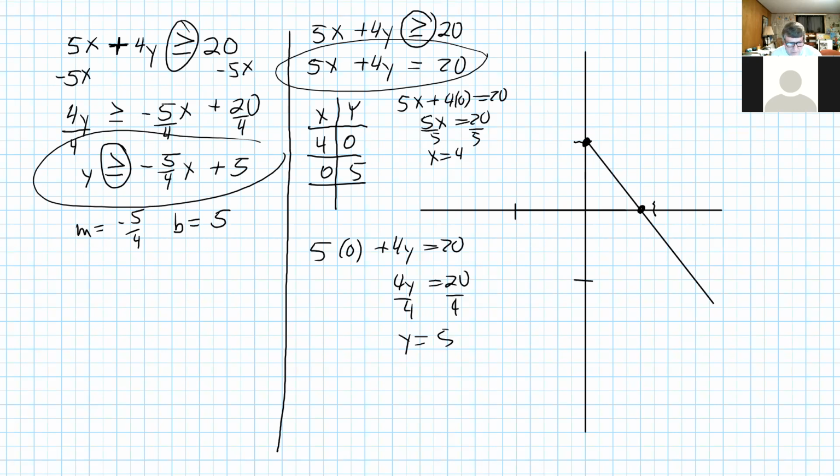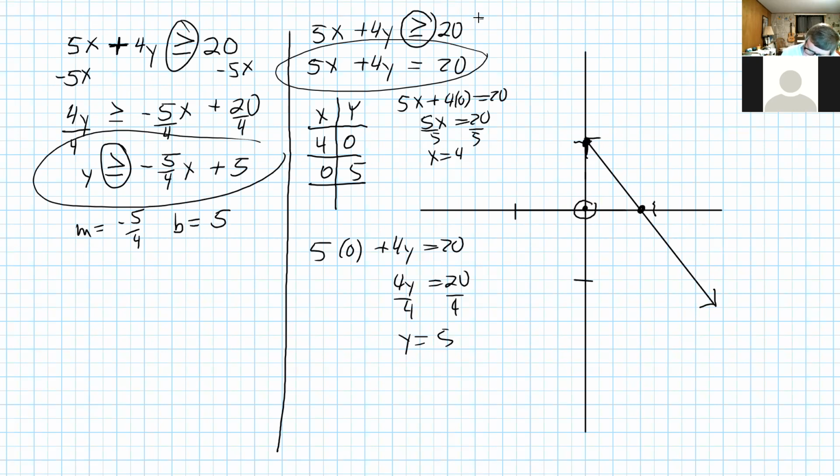Okay. Now, we need to determine which side of the line to shade. So I'm going to pick a test point, a point that is not on that line. I'm going to pick 0, 0 because that's an easy point to plug in. So I'm going to choose 0, 0 here. Okay.